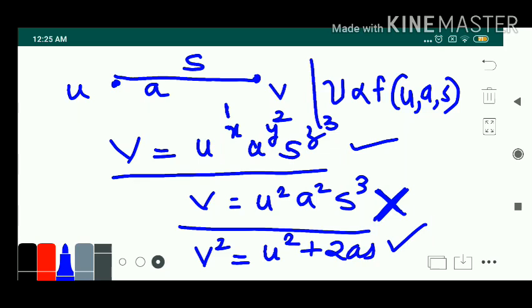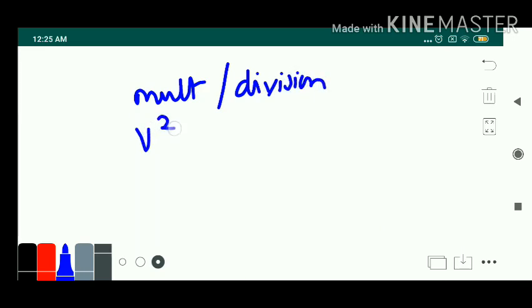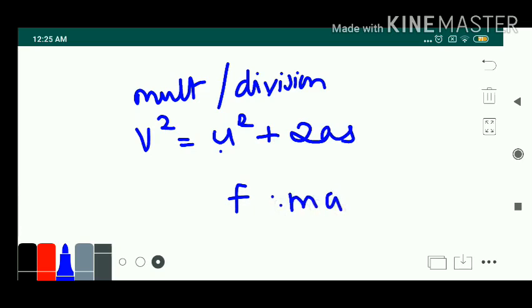Why? That is where the last limitation comes. Dimensional analysis only works with multiplication or division equations. That is, it can never be applied to an equation like this. See, there is a plus term here. Initially, F is equal to ma, that can be derived by dimensional analysis because there is only a product term, no addition terms coming.